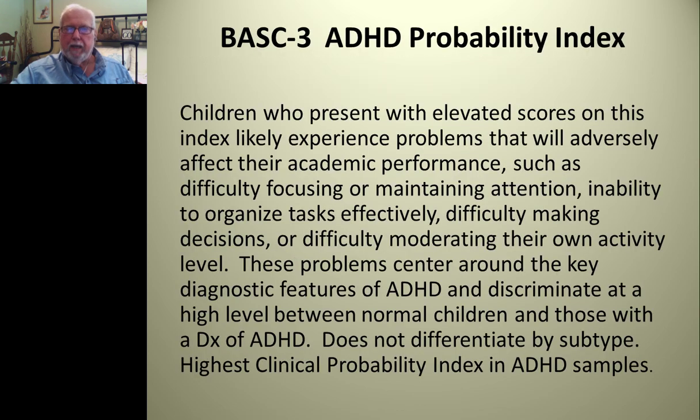The ADHD probability index on the BASC-3 denotes children with elevated scores who experience problems that adversely affect their academic performance, such as difficulty focusing or maintaining attention, inability to organize tasks effectively, difficulty making decisions, or difficulty moderating their own activity level. So these key around the central features of ADHD. And these were derived actuarially by comparing every item on the BASC-3 for normals and for a demographically matched, very large sample of ADHD children.